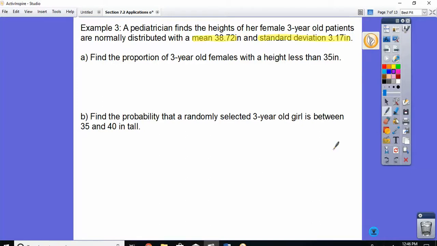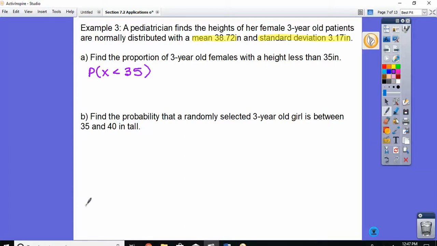Part A. Find the proportion of 3-year-old females with a height less than 35 inches. So I'm asking you to find the probability that X is less than 35.